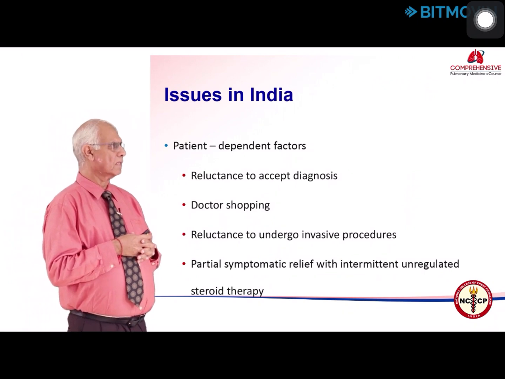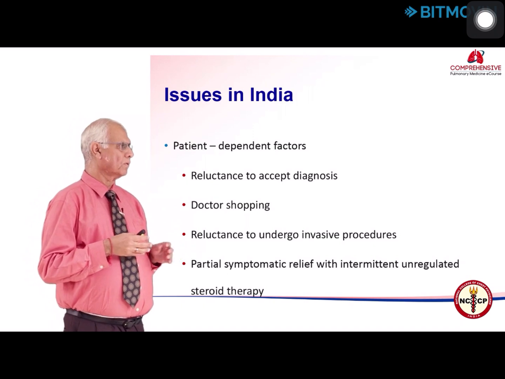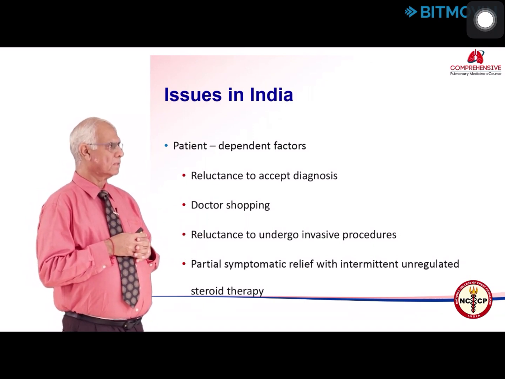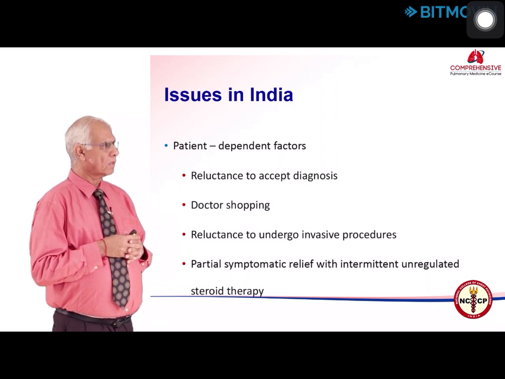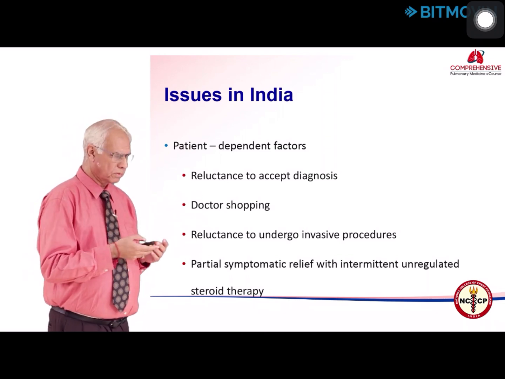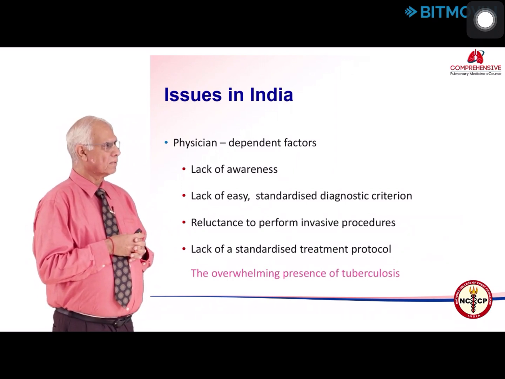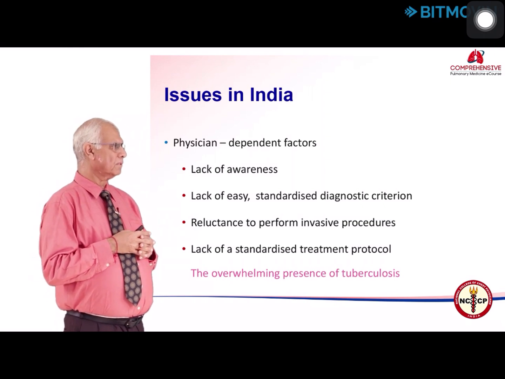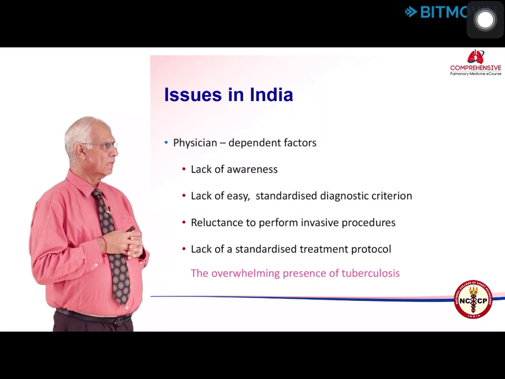So what are the issues in India? The patient factors are reluctance to accept the diagnosis of sarcoidosis. There's plenty of doctor shopping going on from one hospital to another. And since the diagnosis is based on an invasive procedure, patients are very reluctant, and on top of that there are many people who start steroids on their own. Maybe the chemist will also start it for them. As far as physician factors, there was lack of awareness, which is now thankfully reduced, but there's still difficulty to recognize sarcoidosis.